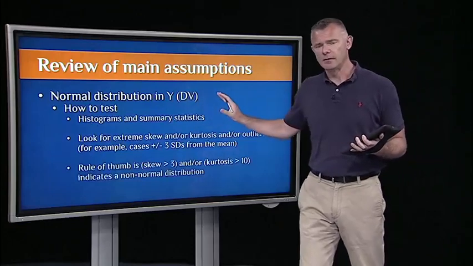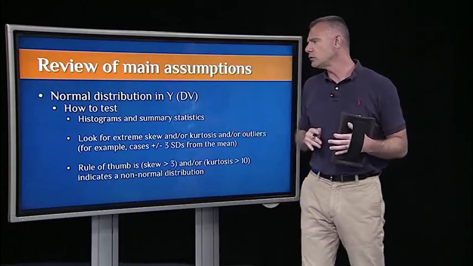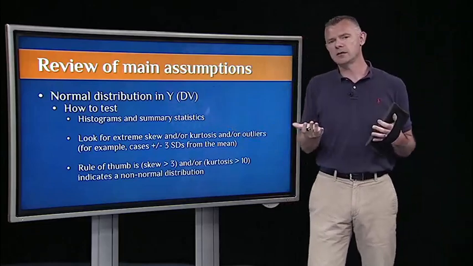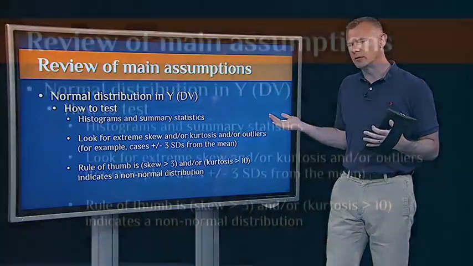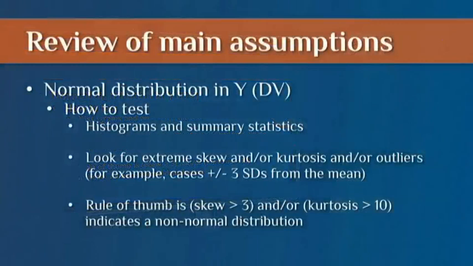What's most common and is the easiest thing to do is just look at your histograms and look at your summary statistics. When you look at the histograms, which we'll do in a moment, you should be looking for extreme skew and/or extreme kurtosis, that big peak. You should also be looking for outliers.